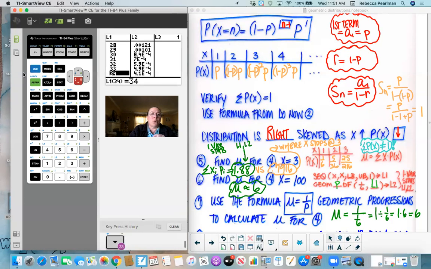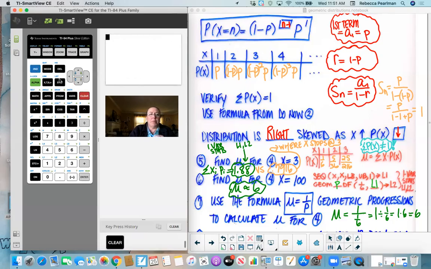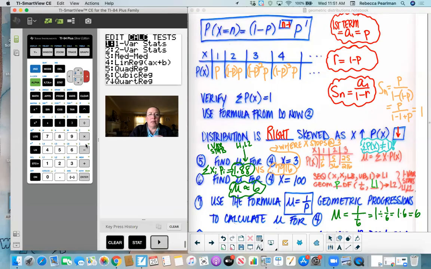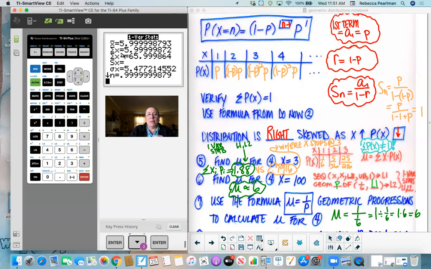Now we're going to go back to our home screen. I'm going to clear it. It's very busy. Stat, calc, 1 var stat, L1, comma, L2. And here is mu sub x. It is really 6. And here's our standard deviation, which rarely comes up for geometric.